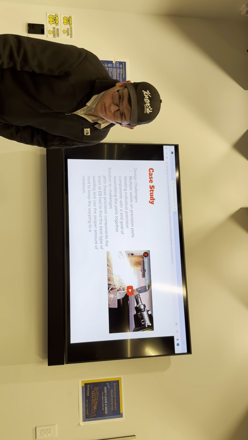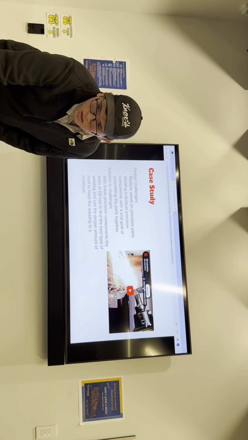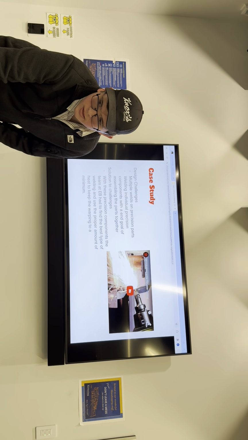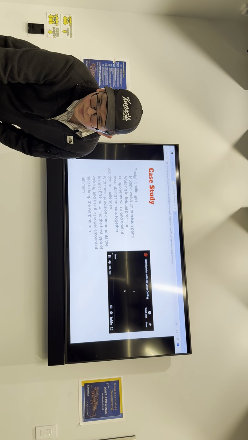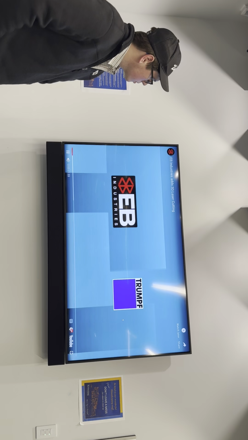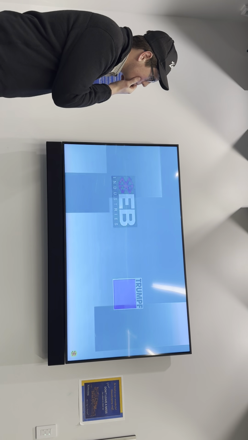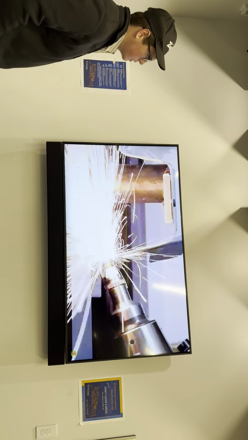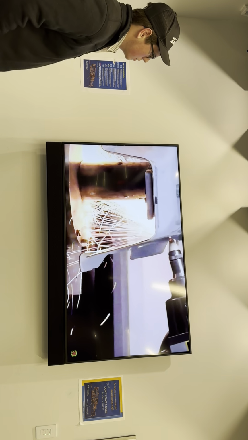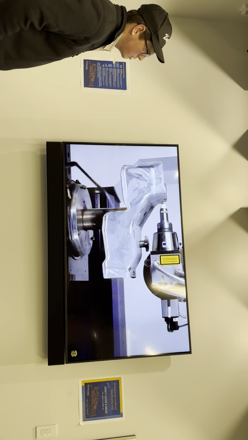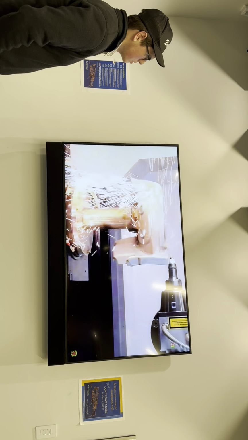So we added this short little video of seeing the machine work in welding and in laser cutting. In the first part of this video, you can just see how fast the machine moves.